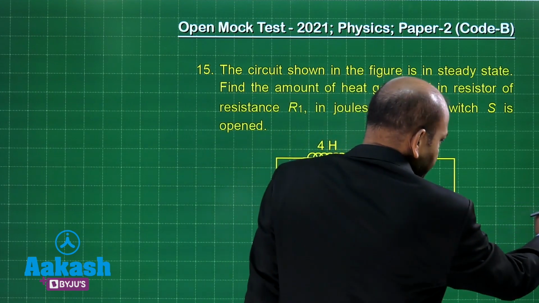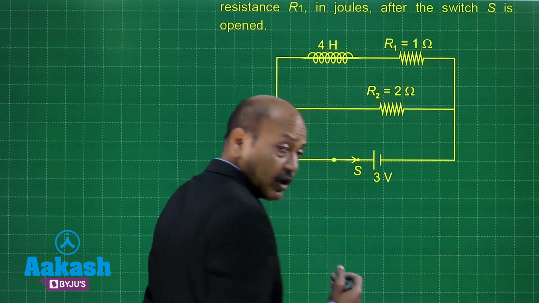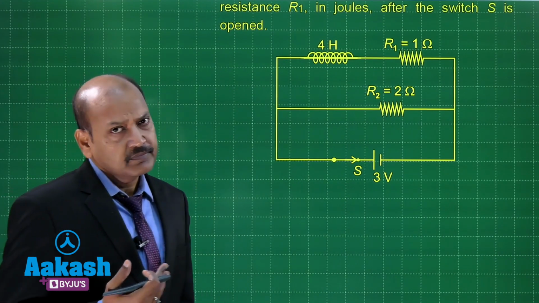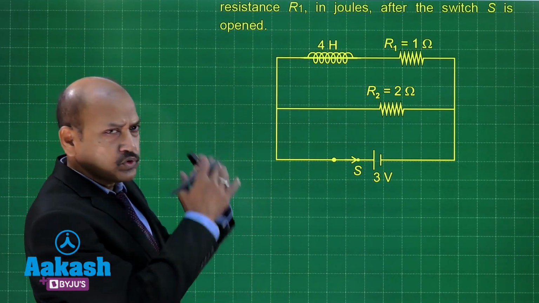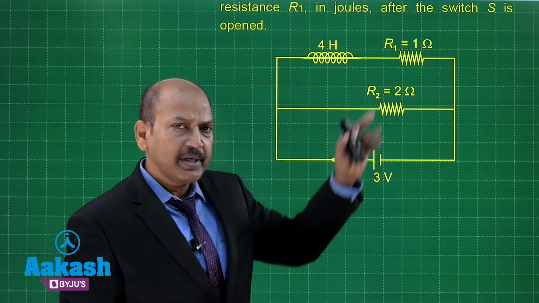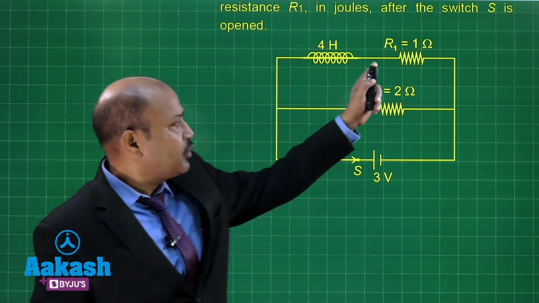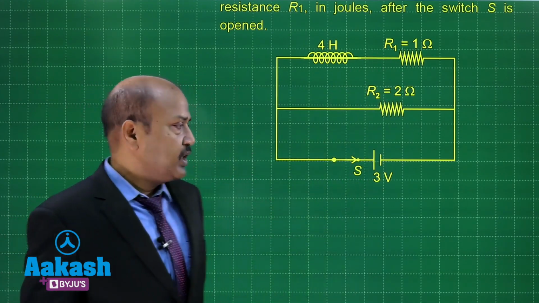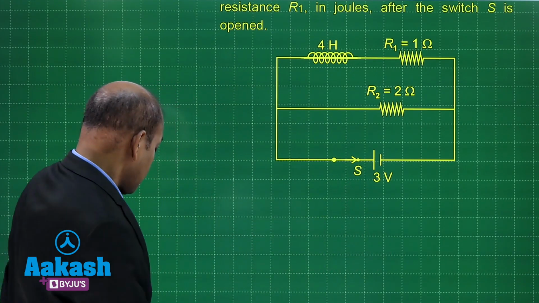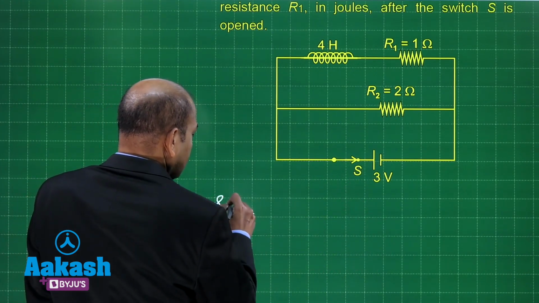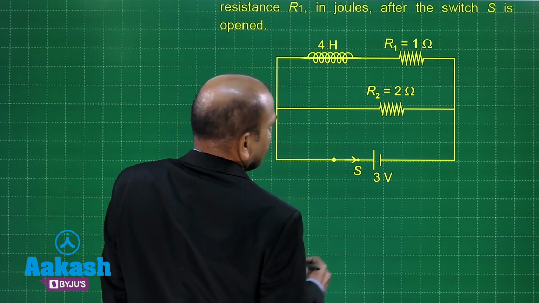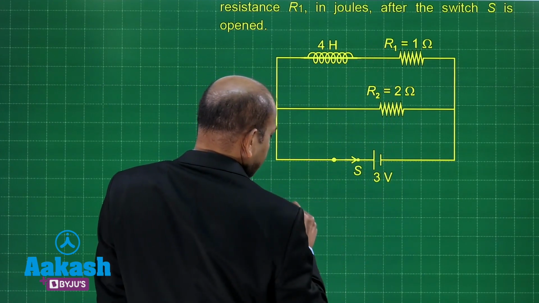Well, the question will involve the concept of energy stored in inductor. Whatever energy is stored in the inductor, after the switch S is opened, will dissipate as heat, but not in R1 alone, but also in R2. Once you open the switch, this cell goes out of the circuit, and the circuit in which the current is going to flow is like this.